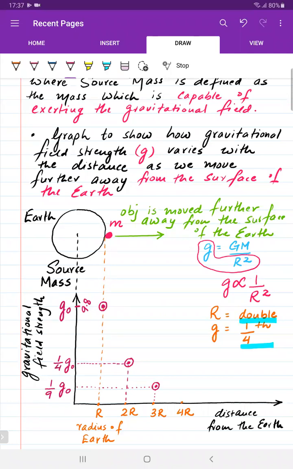And if you continue further, distance जब 4r हो जाएगा फॉर एग्जाम्पल, तो वैल्यू आपकी फर्दर रिड्यूस डाउन करेगी। That should be 1/16 g naught.